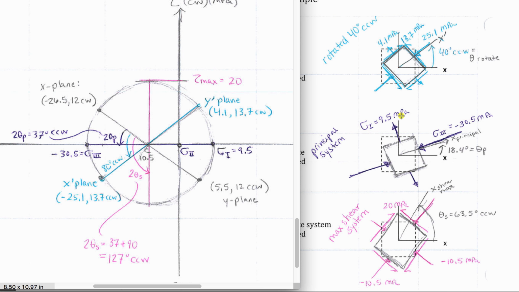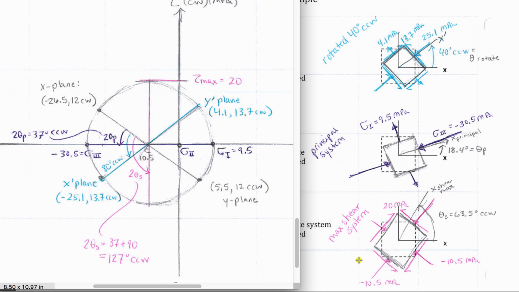So that's leaving our principal stress 1 at 9.5 to be on our old y-plane. And we have our angle depicted here. Theta p is 18.4. Over here on the Mohr circle, it's twice that, which is 37. This is counterclockwise. It's also positive in our equations as defined. And there are no shears because by definition there are no shears in the principal system.